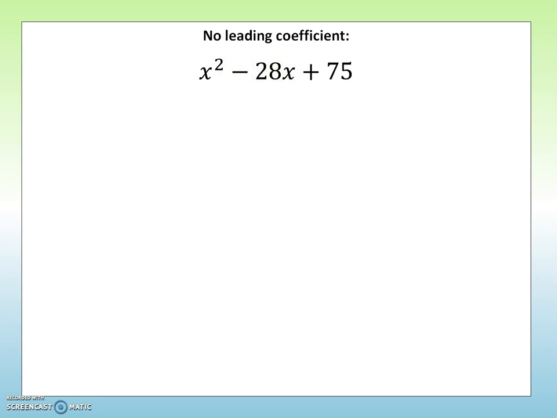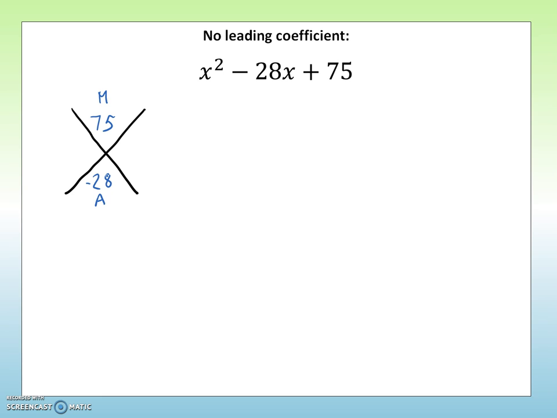And then the way that we showed you how to organize this in class might have been the area method, or might have been using the x just to organize our thoughts. Now we need two numbers that multiply to 75. Those same two numbers need to add up to negative 28.